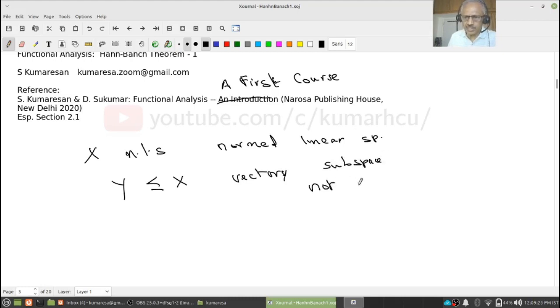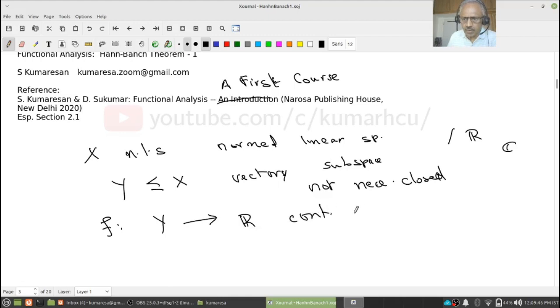No topological assumption, just a vector subspace. And let's assume this is over R to start with, or later also over C. And suppose I have a linear functional f from Y to R. This is a continuous linear functional.